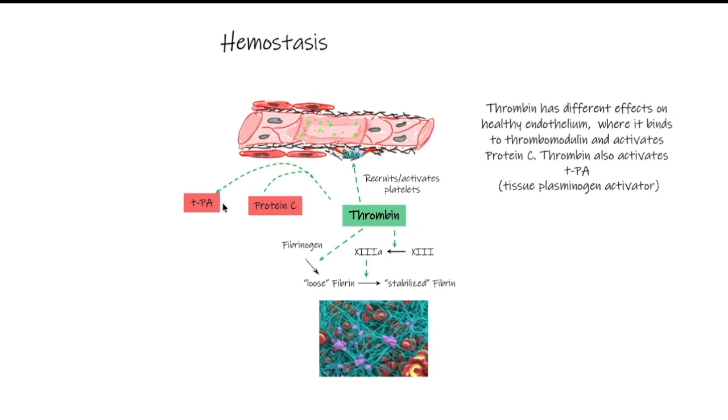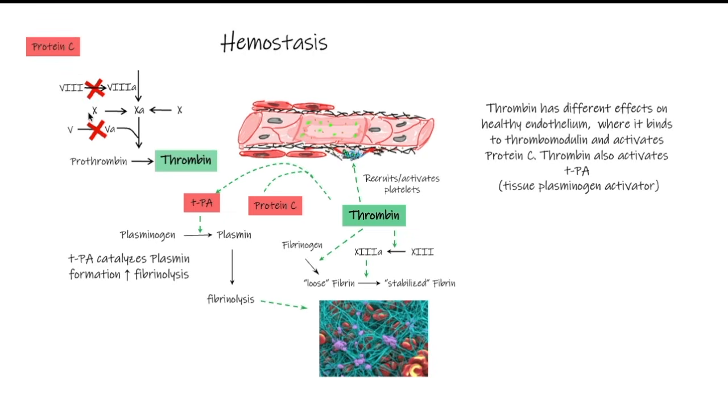Both of these substances, which are being now released by nearby healthy endothelium, are going to have anticoagulant type effects. TPA catalyzes a substance called plasminogen into plasmin, and plasmin then promotes fibrinolysis, or the breakdown of the thrombus that was formed.